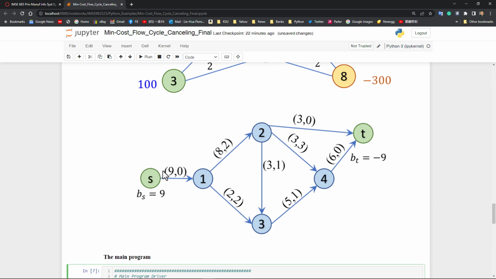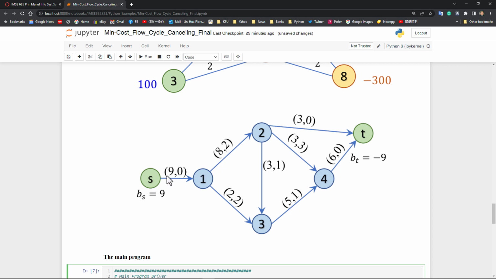This example we illustrated in the lecture videos, and this is another example with only 4 nodes, with the dummy source node connected to the only supply node, node 1, and a dummy destination node connected to node 2 and node 4, which have node demands of 3 and 6.